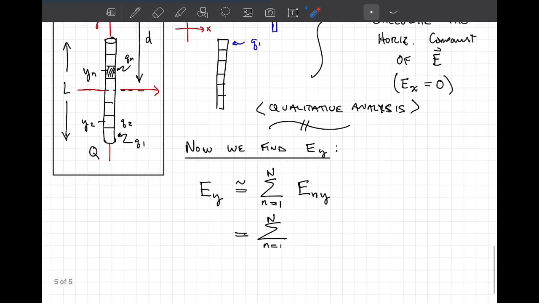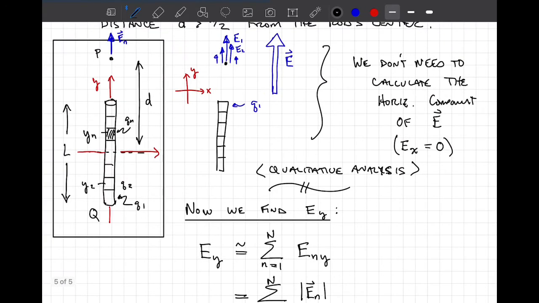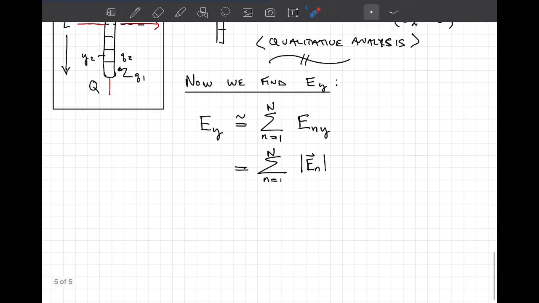And it's going to be simply equal to the magnitude. So Eny is just equal to the magnitude En. The y component of this vector here is equal to its magnitude. First small step of logic.